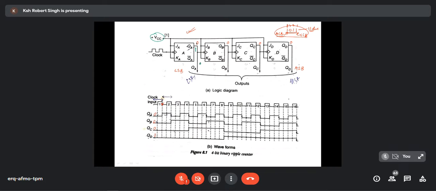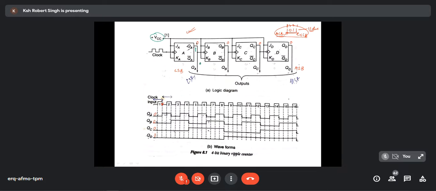What about the next output? The 0, 0, 0, 0 in red color is the previous one. Now what will the new output over here be? What will the output of Q be? Am I audible? Yes, sir. What will be the output of QB? It will be 1, sir.